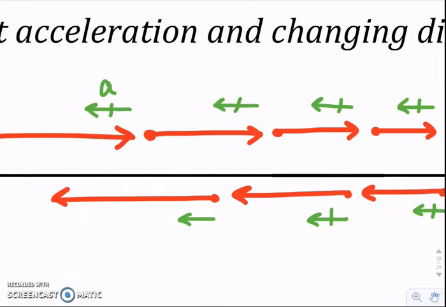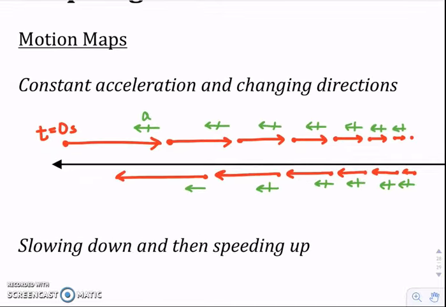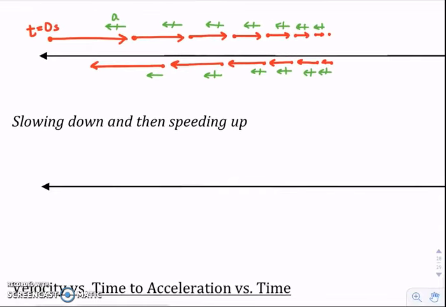There we go. So this is an example of a constant acceleration while it's going in two different directions, which I think confuses a lot of people because when we think constant acceleration, we either think speeding up or slowing down, but in this case it's slowing down and then speeding up. The entire time it has the same acceleration.